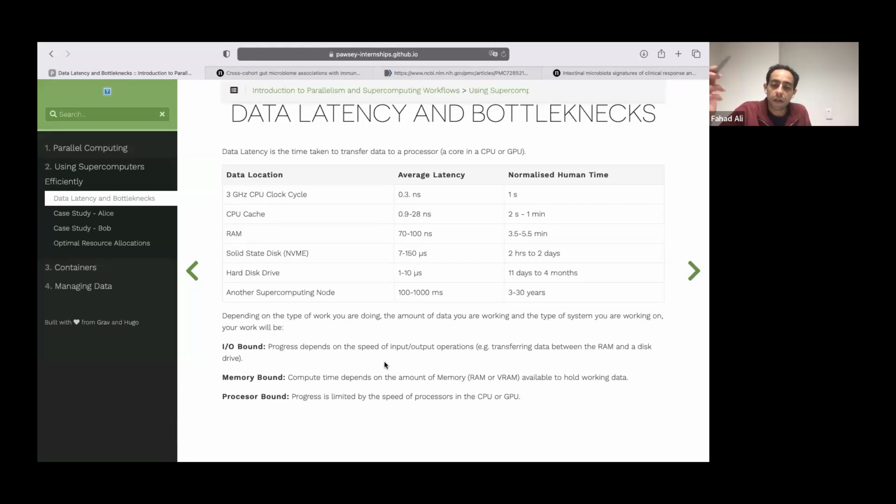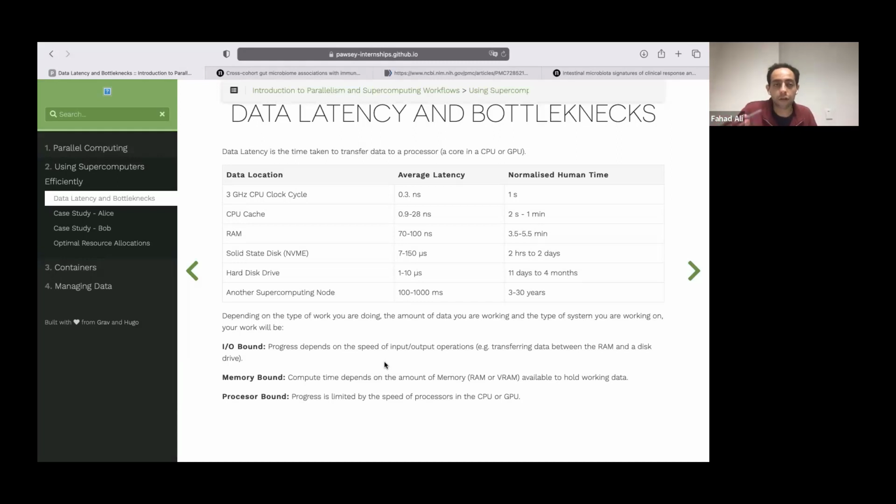Basically, you might have an IO bound process where your speed is limited by how quickly you can do input output, so transferring the data between RAM and disk drive. I need to take data out of disk and put it into RAM. That's IO bound. It could be memory bound, which is how much time it takes to get memory from RAM or VRAM to the processor. Or it could be processor bound, which is how fast the processor actually works.